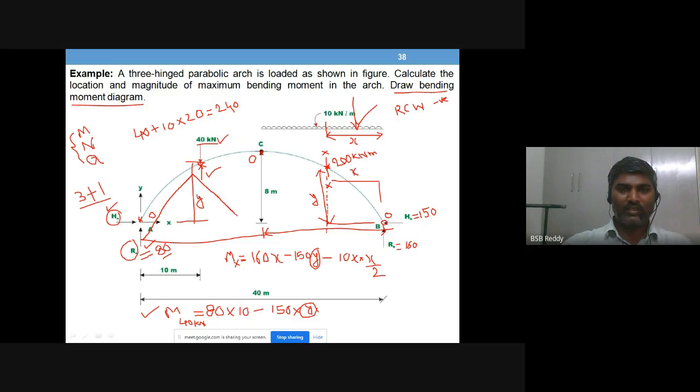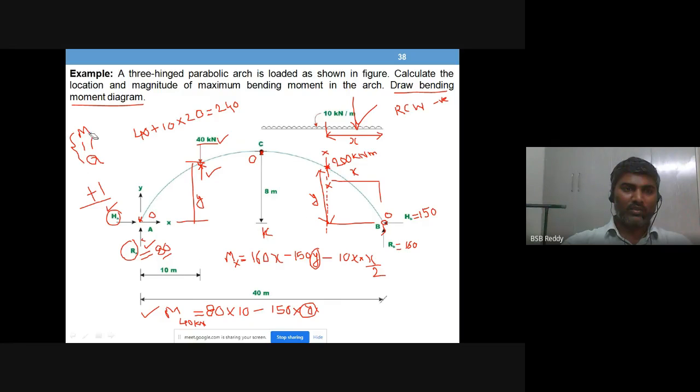So it is linear: 0 at C, 0 at A, we write a triangle, and then parabolic in this portion BC. I think it is better to draw it on a separate sheet.